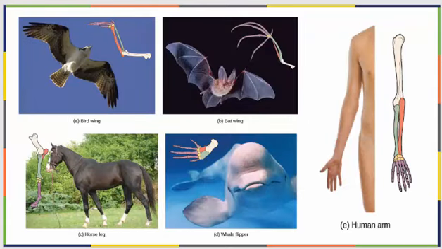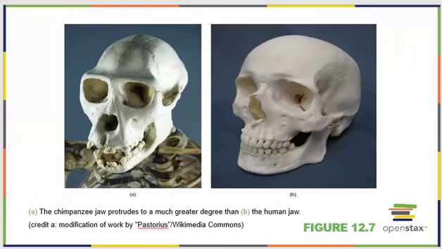An example of a homologous structure, as previously mentioned, would be bird and bat wings, the forelimb of a horse, the flipper of a whale, and the arm of a human. Because not only do they share morphology, they share what they look like, you can see the similar bone structure, but they also share the same genetic sequence dictating the creation of that structure.